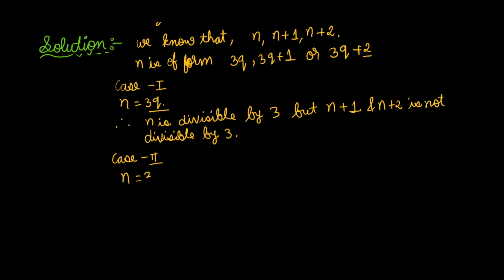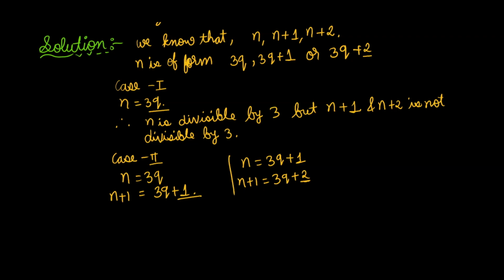So case 2, n is equal to 3q plus 1. So we will add 1 to both sides, n plus 1. So 3q plus 2, so there is a remainder, so it is not divisible. Again we will take n is equal to 3q plus 2.